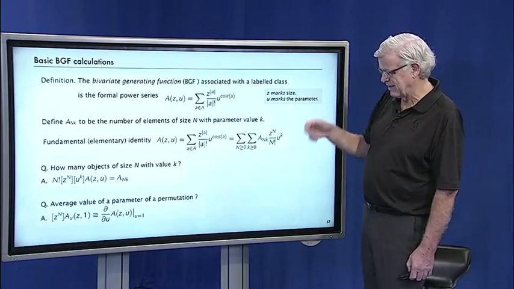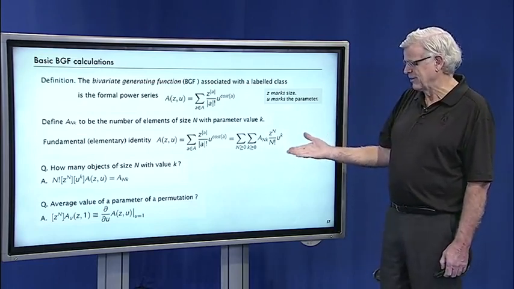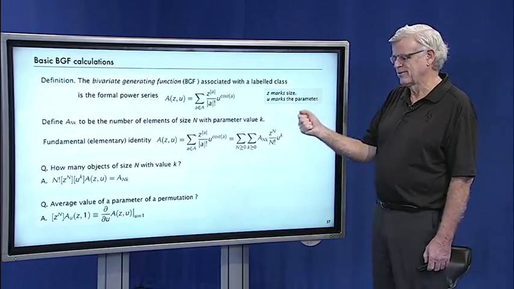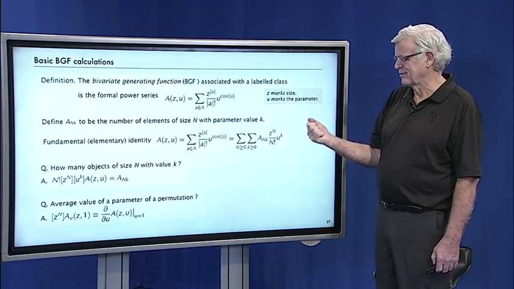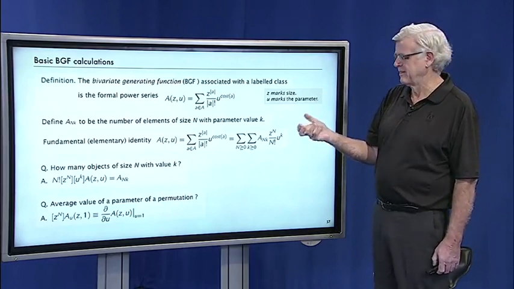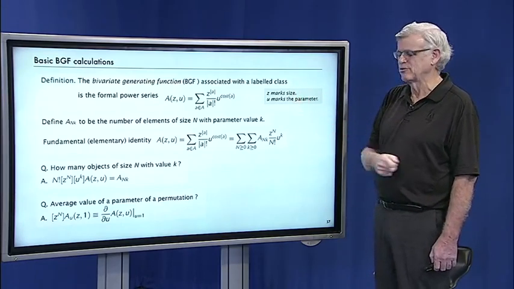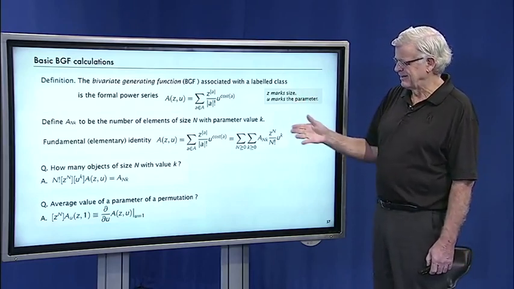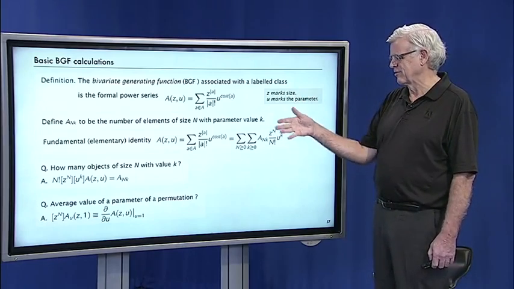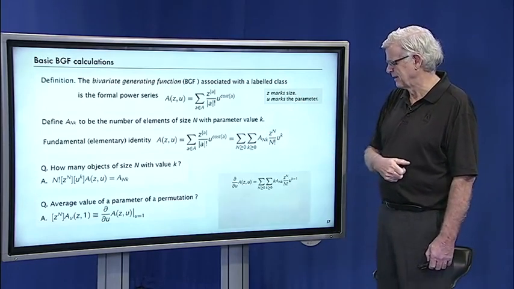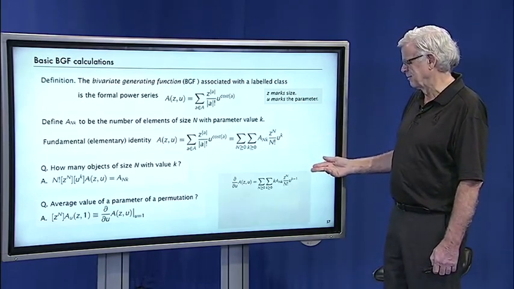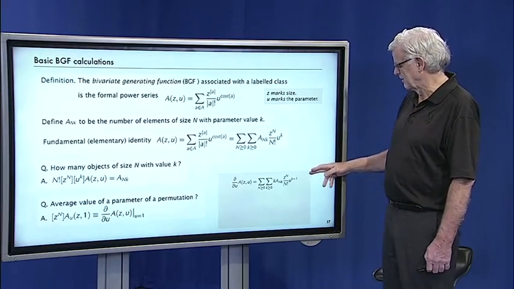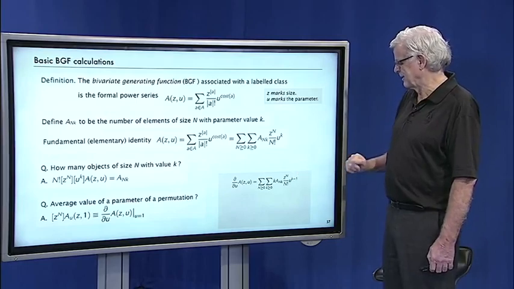What's interesting is what's the average value of a parameter for a permutation? It's the coefficient of z^n in the partial derivative of the bivariate generating function with respect to u, evaluated at u equals 1. It seems like maybe kind of a strange operation to perform, but that calculation is really simple. If you take the partial of A(z, u) with respect to u, you get k u^(k-1).